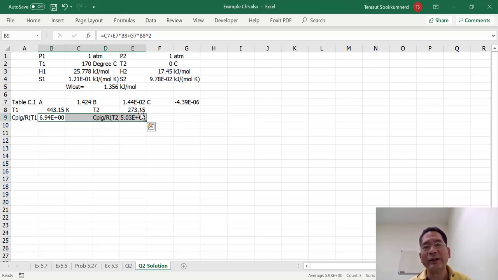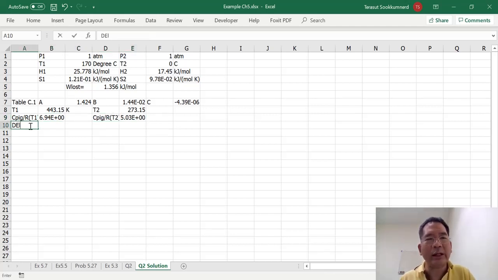We cannot assume CPIG over R as a constant, and similarly, we cannot assume CPIG over R over T as a constant, and we do have to do the integration according to the procedure that we have learned in our calculus 1, calculus 2, and calculus 3.